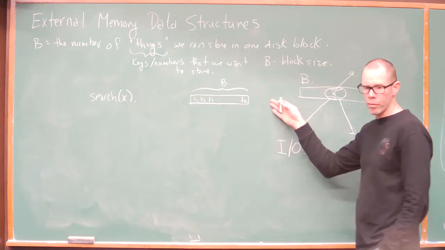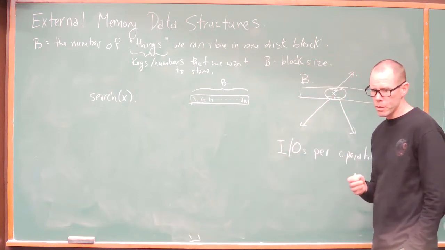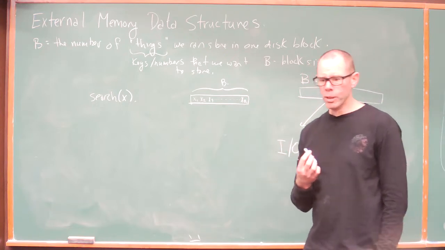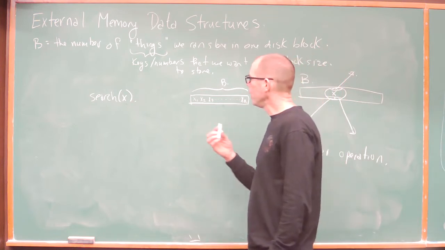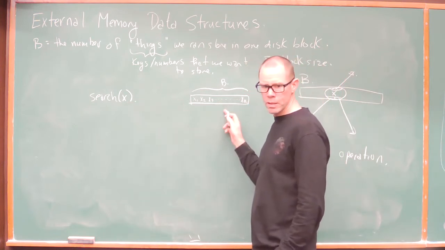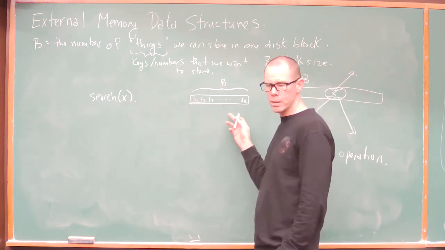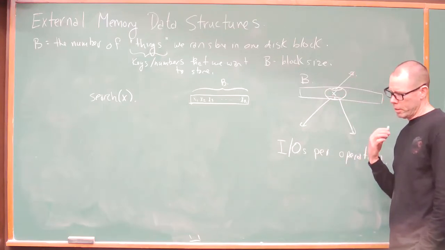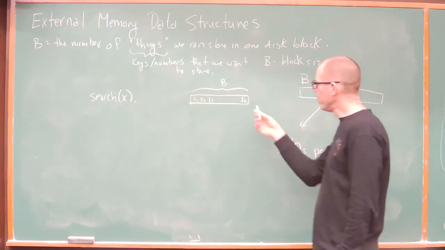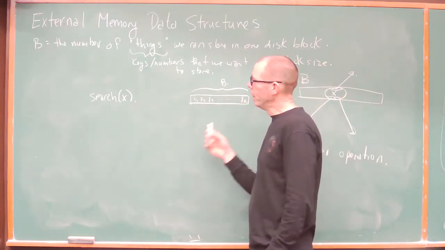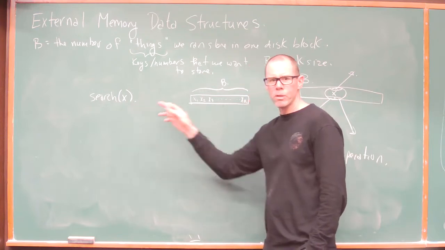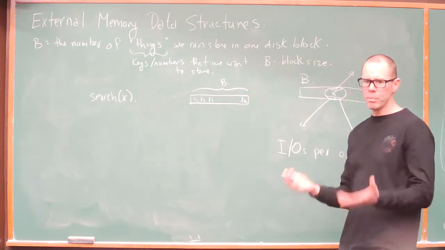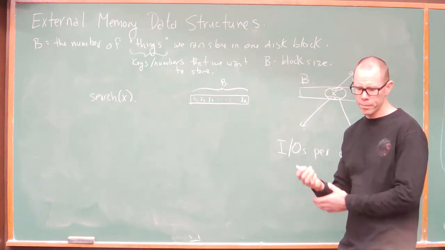Or it could be larger than all of them. So that's b plus 1 possible ways in which x can fit into whatever numbers we stored here. So it doesn't matter what we put here or how we store them for fixed x, if all we do is compare it to these things, there's only b plus 1 possible outcomes.